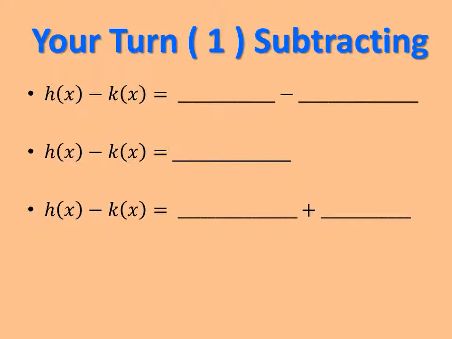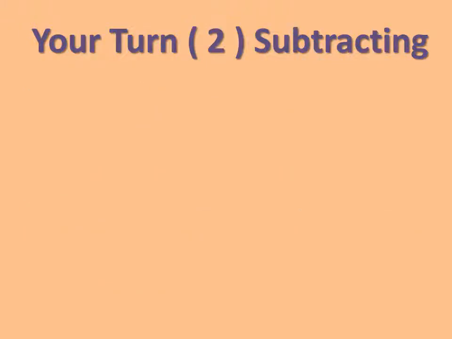They are like terms, but subtract them. Write your answer down. Then go to the two constants, the two like terms. Subtract them and write your answer down. Your turn, number 2 subtracting. Stop the video if you need to have a little extra time.